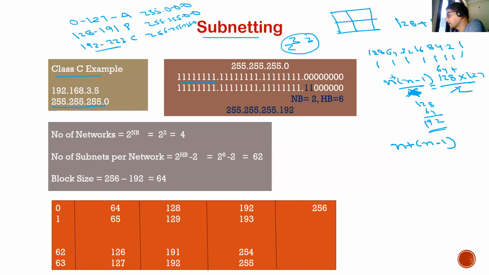If you have a series like this, how do you calculate the total value? It is n plus n minus 1, where n is 128. So 128 plus 127 gives you 255. So that's the value here. For example, 64 plus 128 gives you 192.